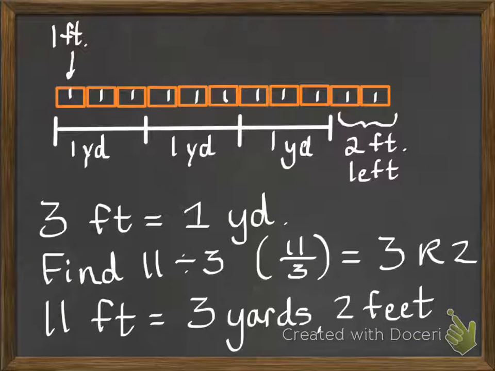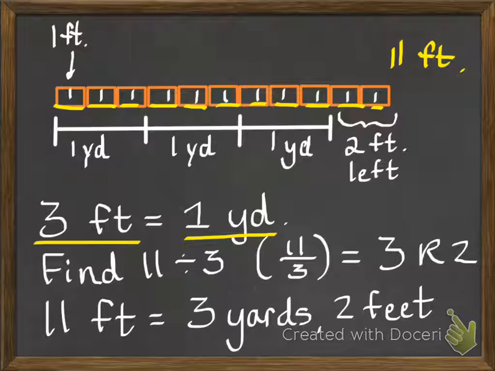So, for example, if I have feet lined up here, and I've got 11 feet lined up here, you see 1, 2, 3, 4, 5, 6, 7, 8, 9, 10, 11. I have 11 feet, and I know that 3 feet equal 1 yard, so I have taken every 3 feet and I've separated that into 1 yard.